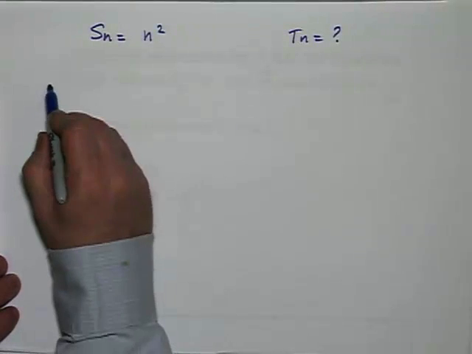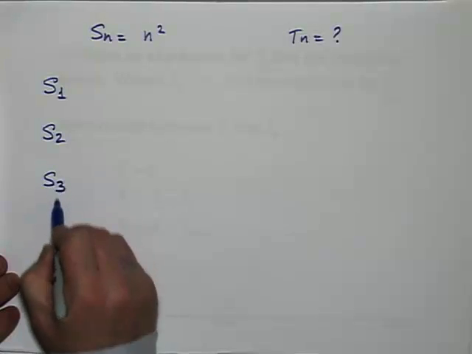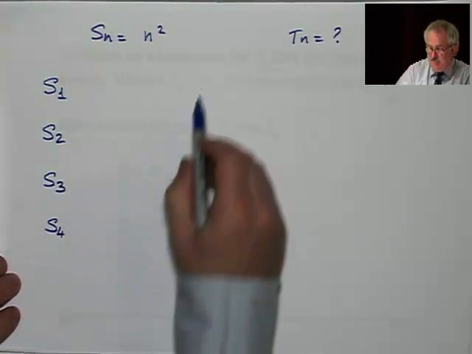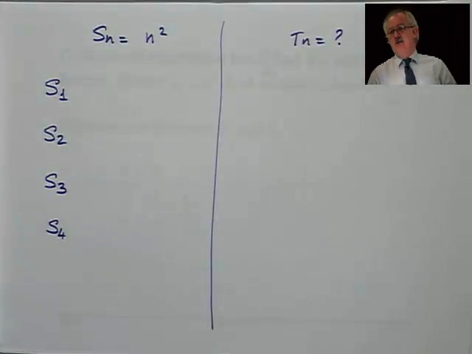Well, what I could do is I could write down S1, S2, S3, and S4. In fact, it would be much better if you did. So write down the values for those, please.